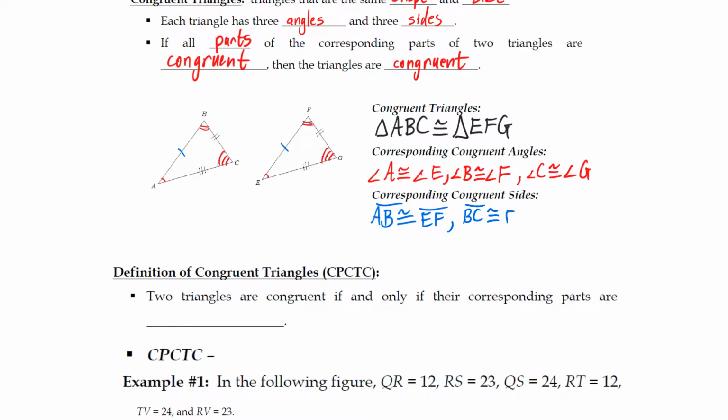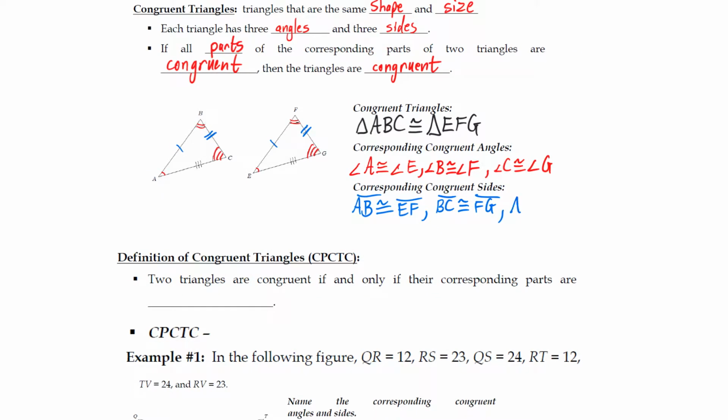FG. I know that because there's 2 marks here, there's 2 marks here. And then AC is congruent to what? EG. Okay, because there's 3 marks here, 3 marks here, and I'm going in the same order.